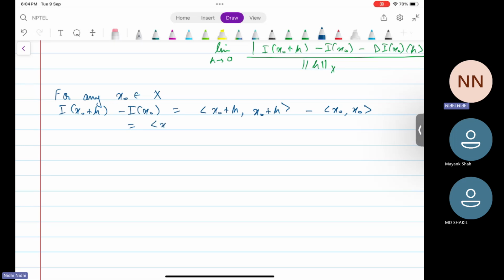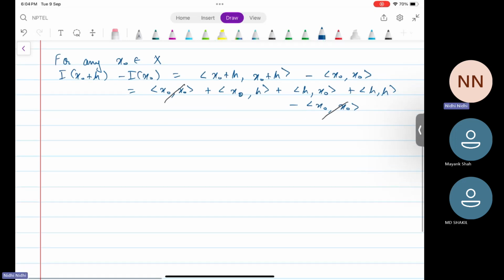And by symmetry, this will eventually be 2 times the inner product of x naught and h, plus the norm of h squared.